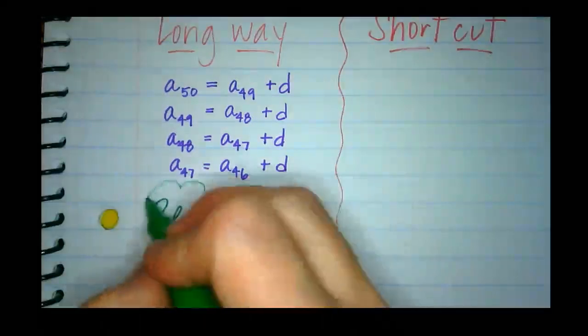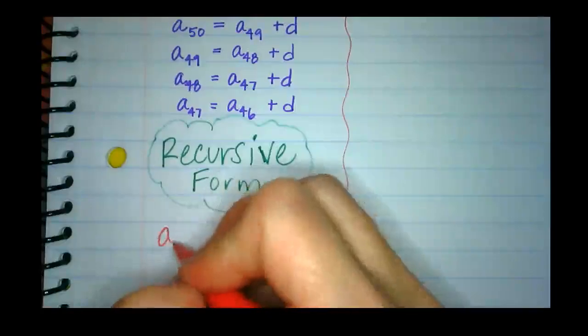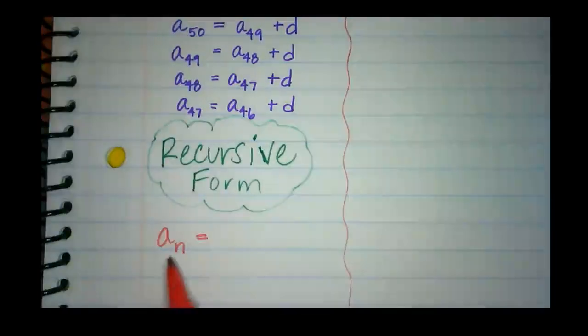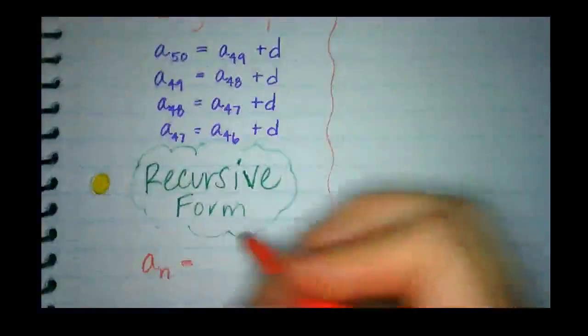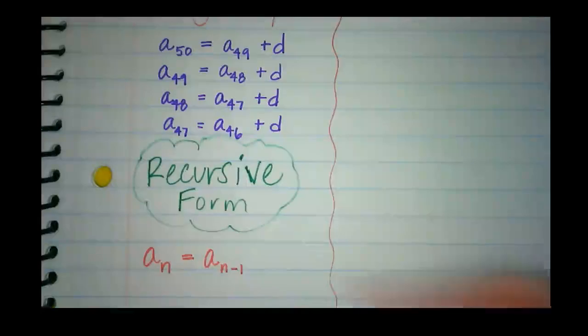Now, in order to get the nth term of a sequence, we said the 50th, but generically, if you want any term in the sequence, you take the term before it and add d.